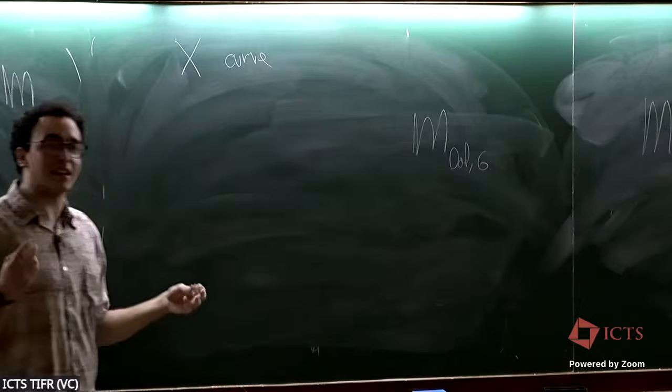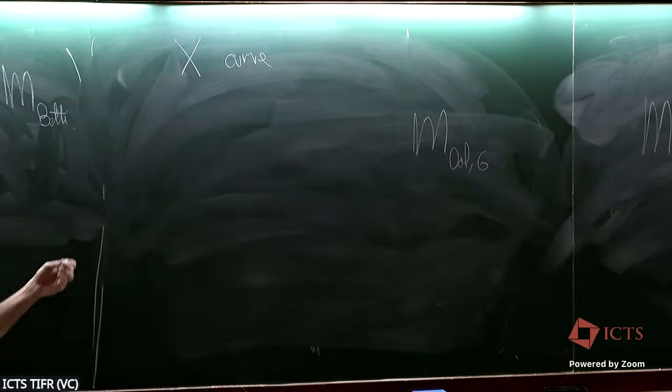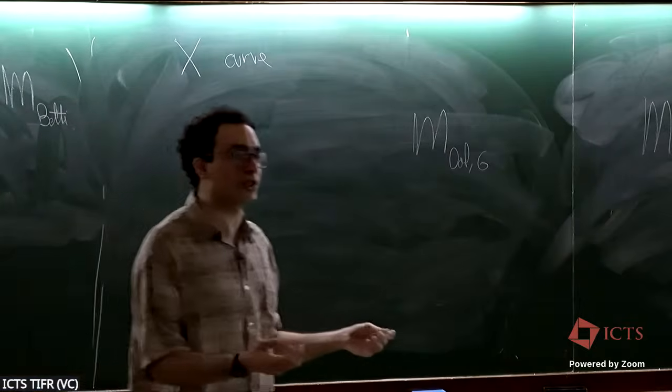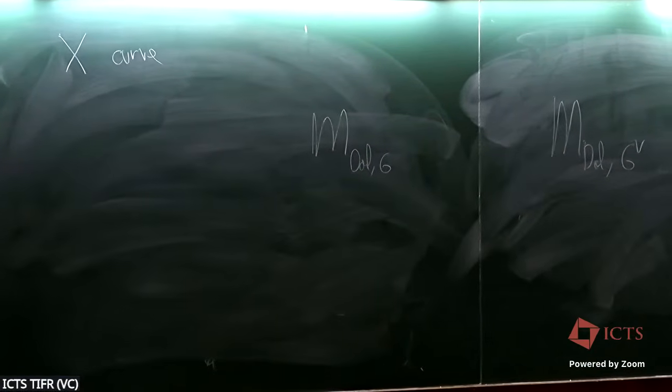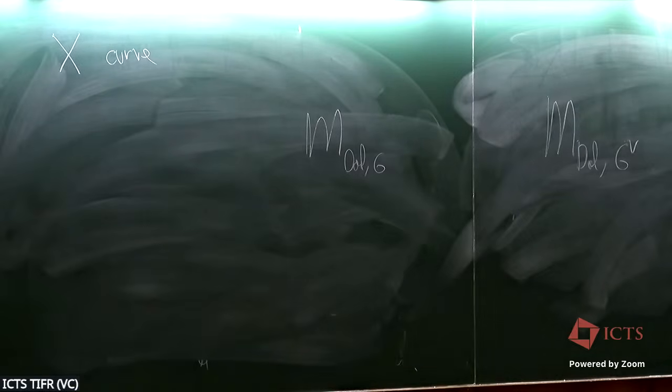And it's very tempting to say these two should have the same Borel-Moore homology. And that would be an analog of the Hausel-Thaddeus conjecture in the case of SLn and PGLn.